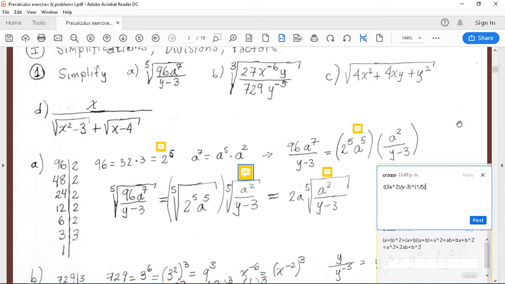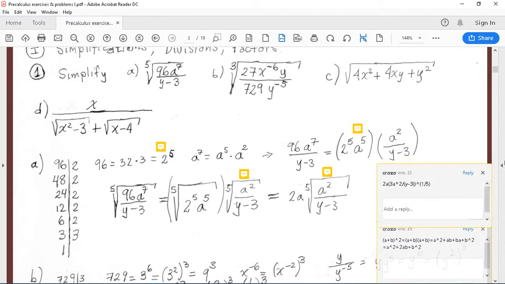Okay, so that should give me the fifth root of 2 to the fifth times a to the fifth is 2 times a, and here we are left with the fifth root of 3a squared divided by y minus 3.